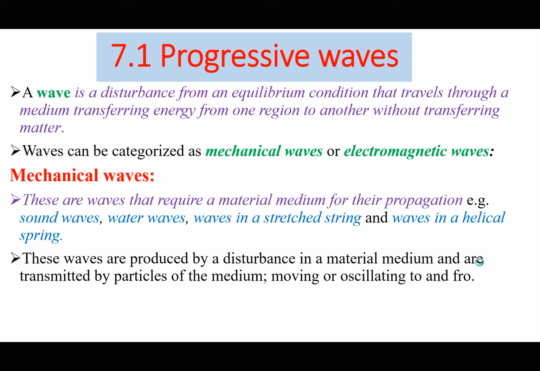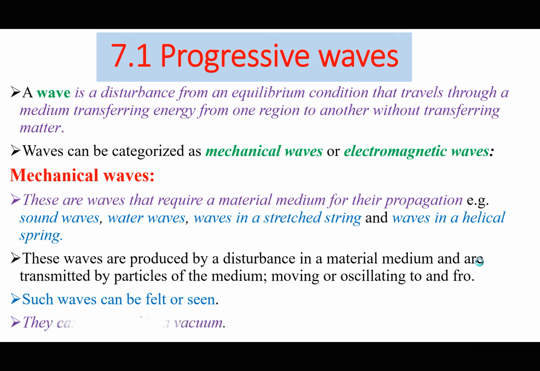Such waves, therefore, can be felt or seen. We see water waves, we can feel sound waves, because the medium is being disturbed and the disturbance is passed on from one point to another. So such waves are said to be mechanical.